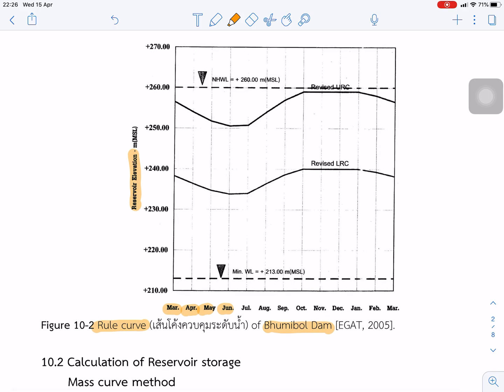It depends on the wet year or dry year. You see the minimum level is about this, and this is the lower rule curve. And this is the upper rule curve. This can be for the dry year, and this can be for the wet year. You can increase the water level in a wet year.